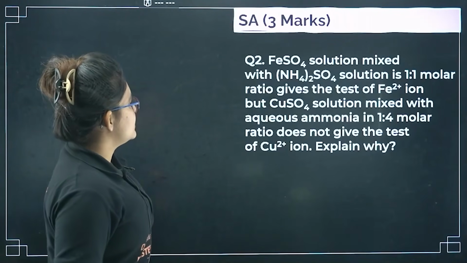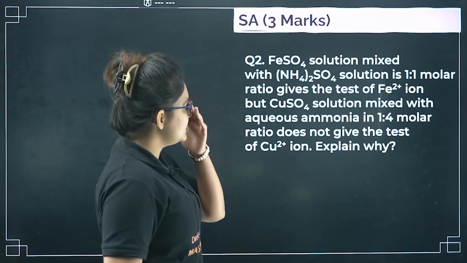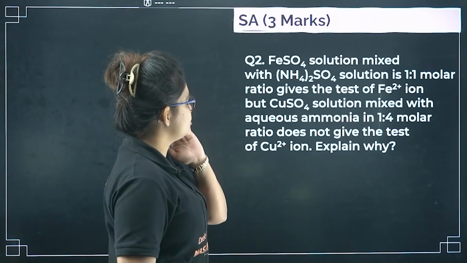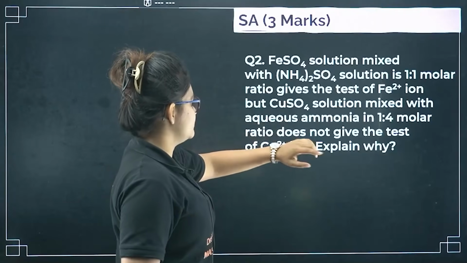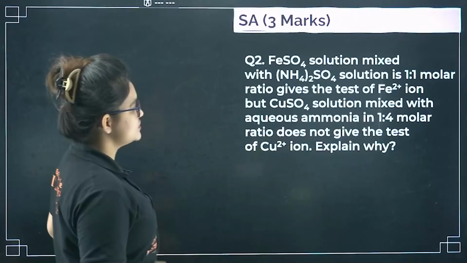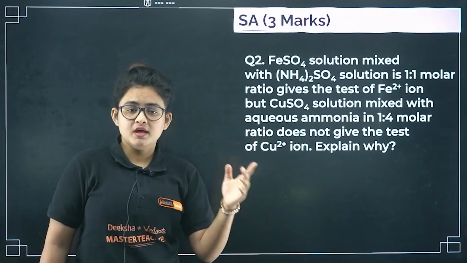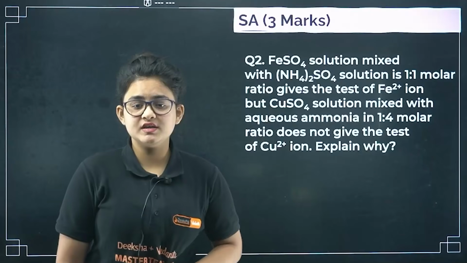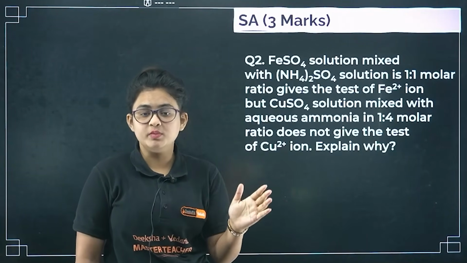Let's proceed. FeSO4 solution mixed with (NH4)2SO4 solution in 1:1 molar ratio gives the test for Fe2+, but CuSO4 solution mixed with aqueous ammonia in 1:4 molar ratio does not give the test for Cu2+. Because in the first case it forms the Mohr's salt. Okay, Mohr's salt, when it dissociates, it gives the test for Fe2+.